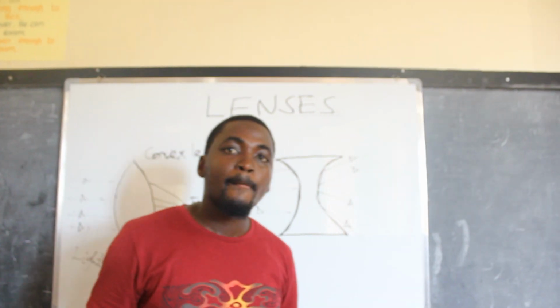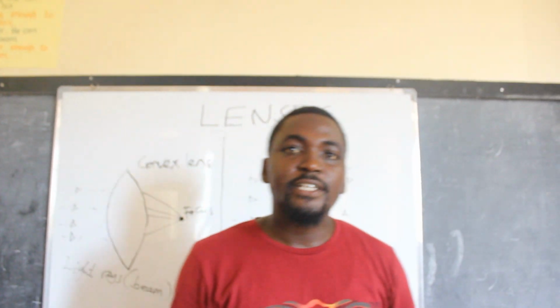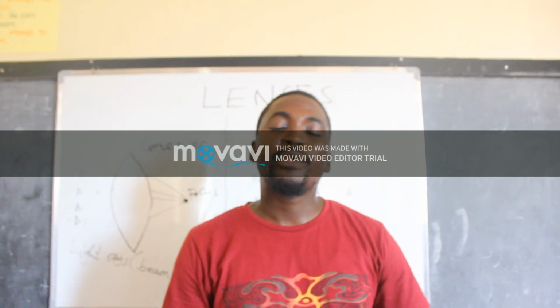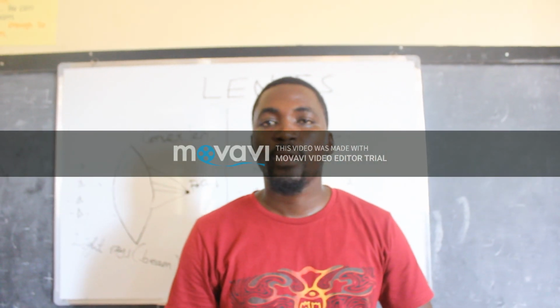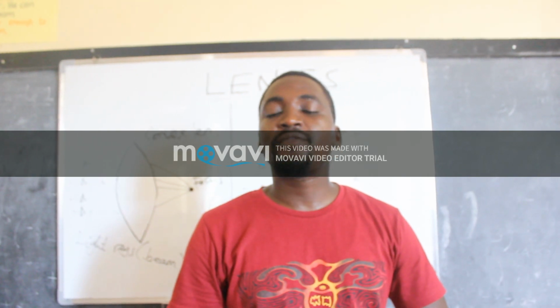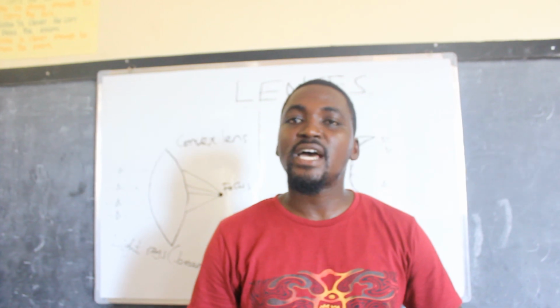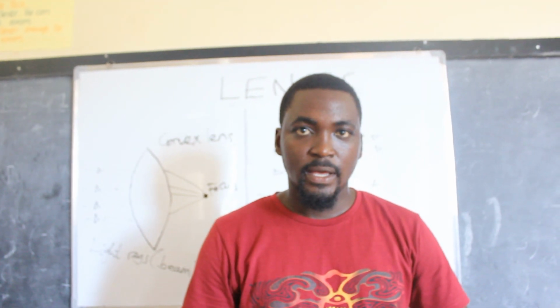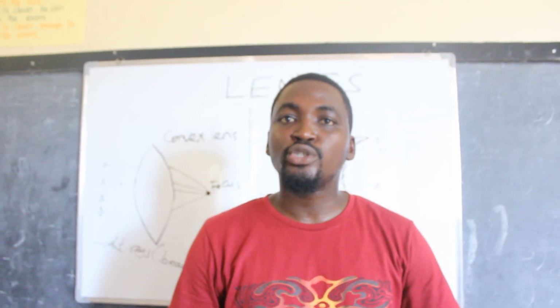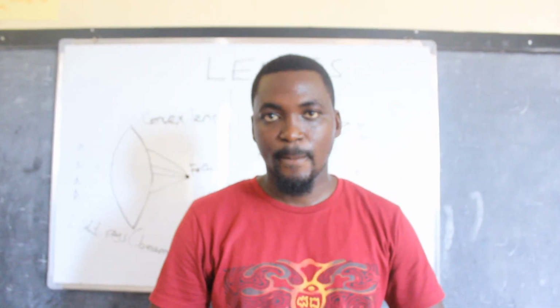And also, this lens is used to correct myopia. What is myopia? Myopia is the eye defect where a person is able to see things around him or her, but is not able to see distant objects.